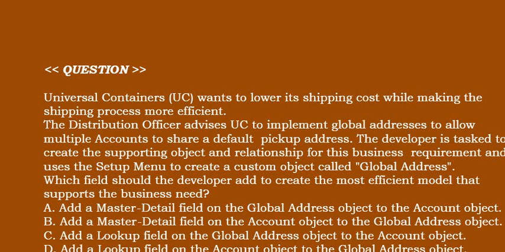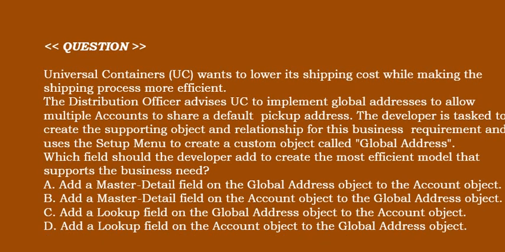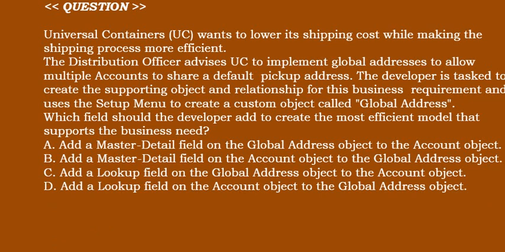Which field should the developer add to create the most efficient model that supports the business need? Option A, add a master detail field on the global address object to the account object. Option B, add a master detail field on the account object to the global address object. Option C, add a lookup field on the global address object to the account object. Option D, add a lookup field on the account object to the global address object. Correct answer is option D.